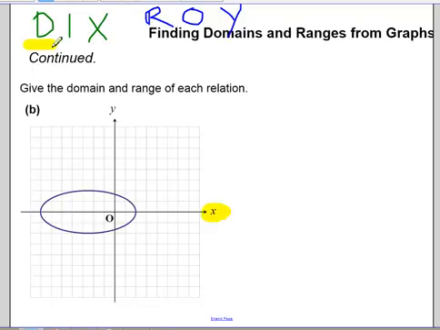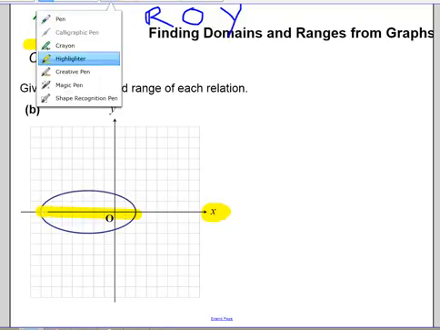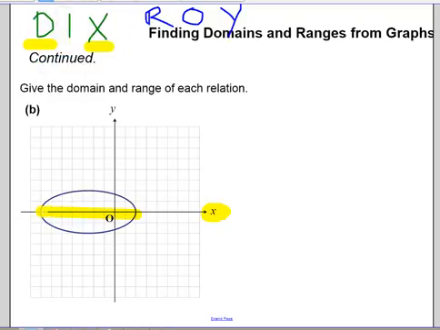Remember, D for domain is your x value. So how far in the x direction does this graph go? The x values start over here at -7 and go over here to +2. So the way we describe our domain is using interval notation.